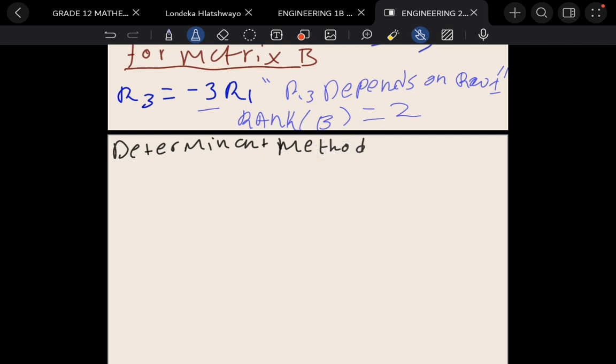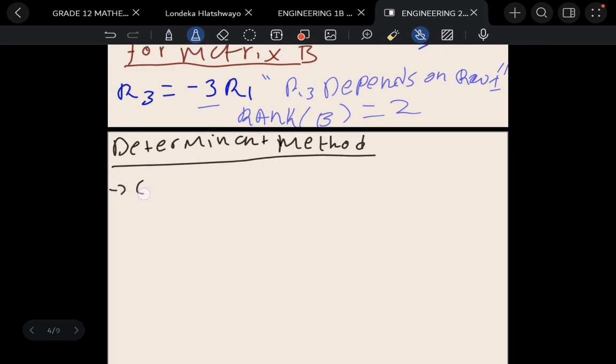In the determinant method, it's very simple. I'm just going to lay out the properties of this, and then we are going to look at the problem.